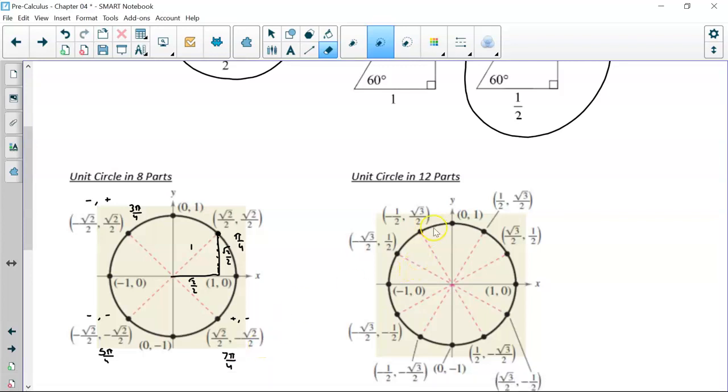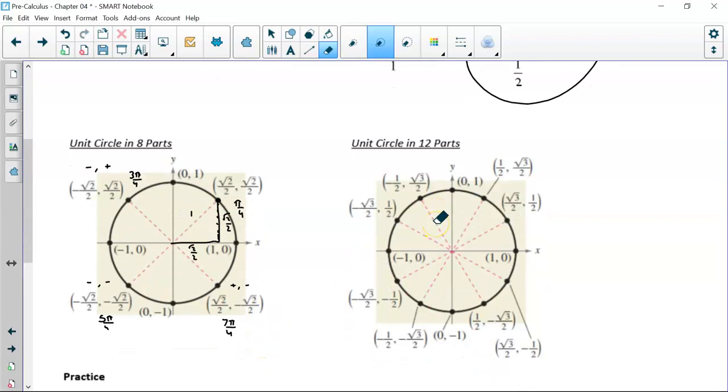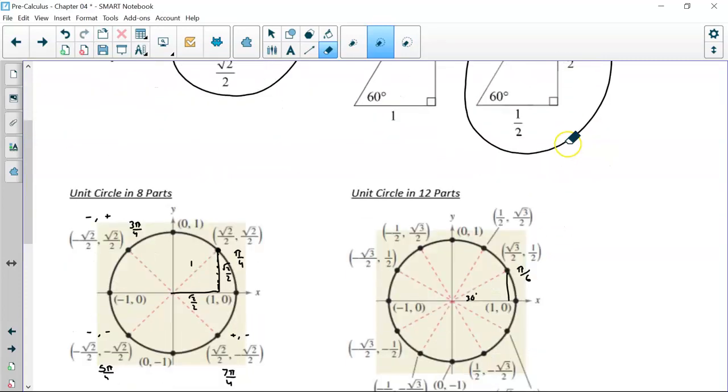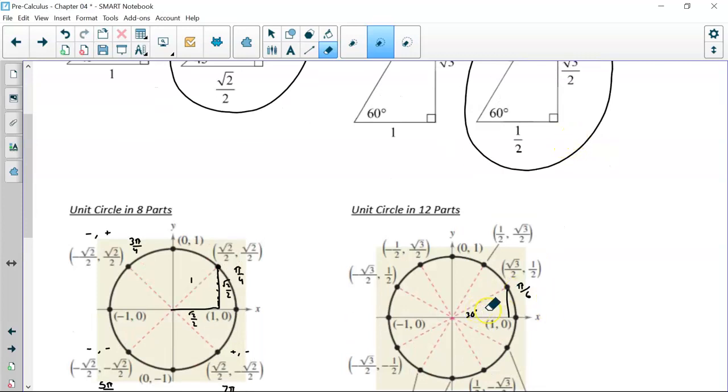Now, the next triangle, when we split it up into 12 parts, when we have our 30s and 60s. Looking at the triangle, here's our 30-degree angle. Here's our short leg. This is our pi over 6. So if we go back, the short leg is going to be that root 3 over 2, and the long leg is 1/2.